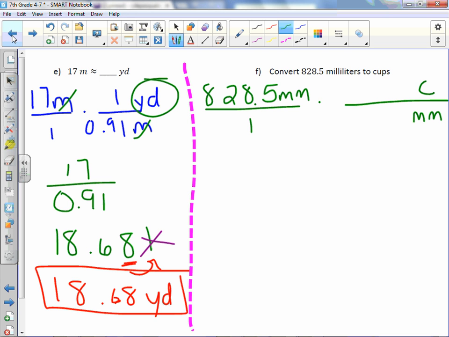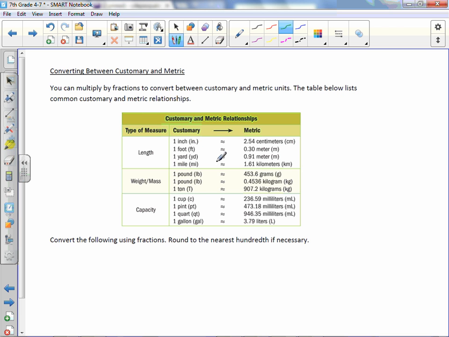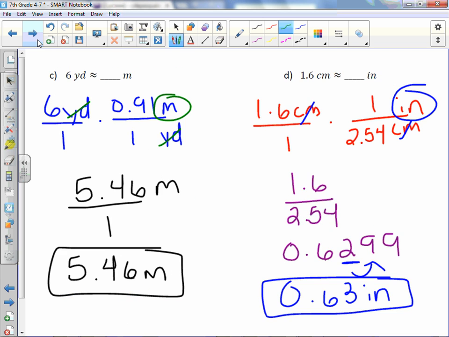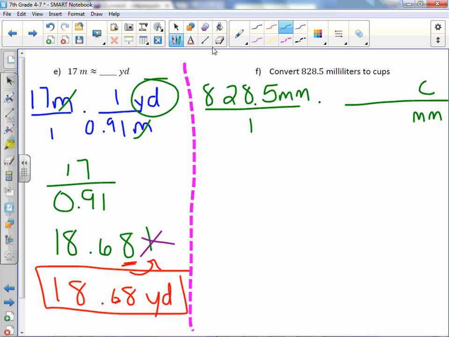Cups is C. 1 cup is approximately 236.59. Oh, that's milliliters. Let me look back at that problem again. It is milliliters. That was my mistake. So milliliters is a little m and a capital L. There we go.